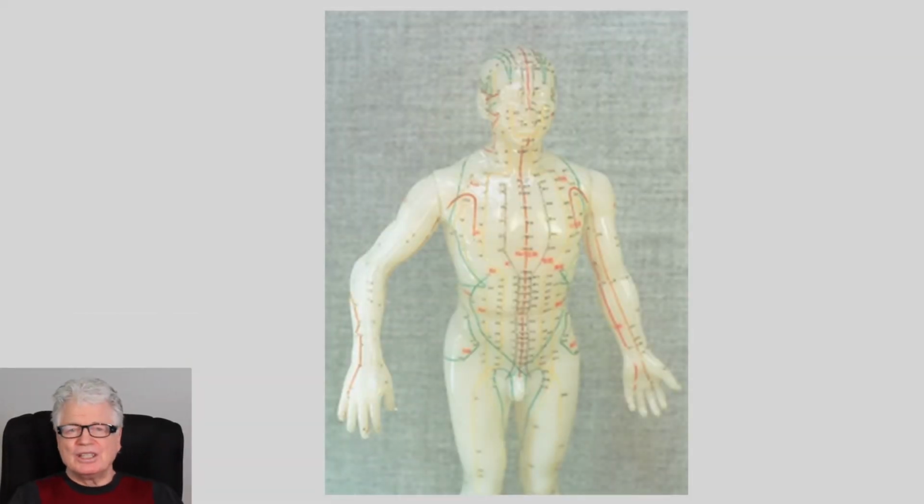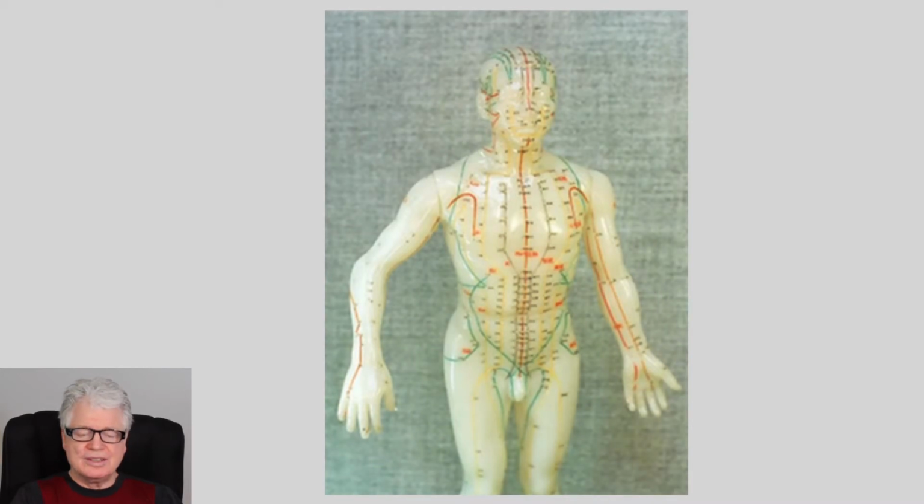The cellular communication works through the meridians that we know from traditional Chinese medicine. These were discovered thousands of years ago, and it just turns out to be that. I look at these meridians as the internet of the cells of the body. That's where cellular communication happens, within these meridians.